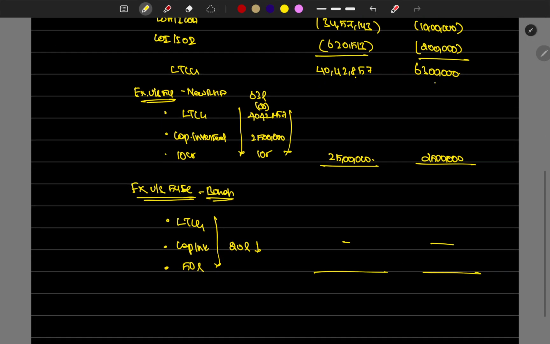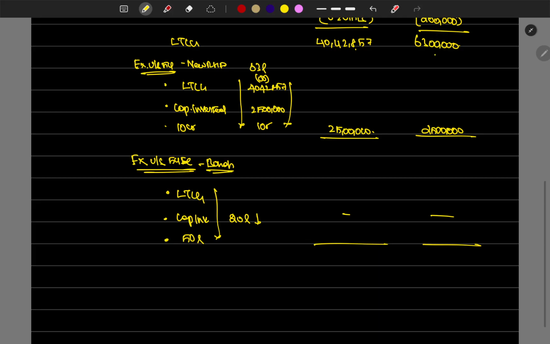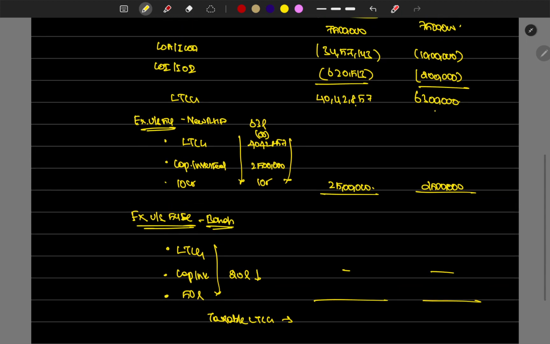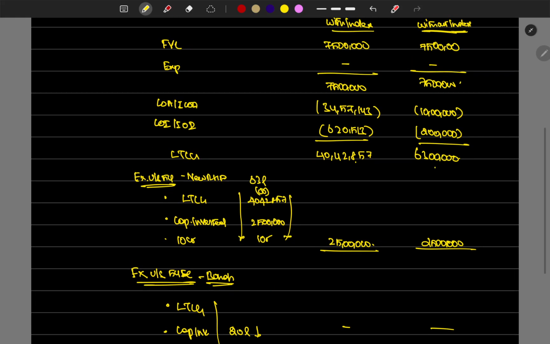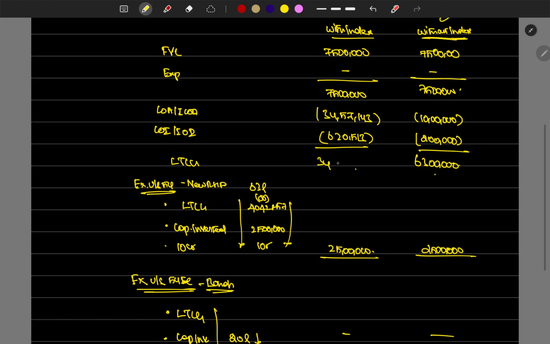So that's it. What's the taxable LTCG? 75 lakhs minus 34,57,143, minus 6,20,513, which is 34 lakhs 22,344.